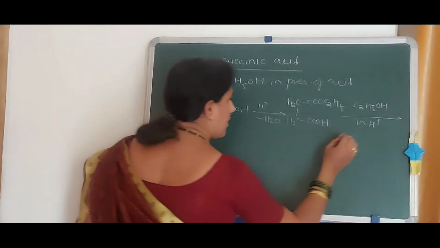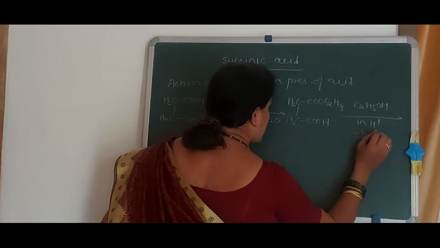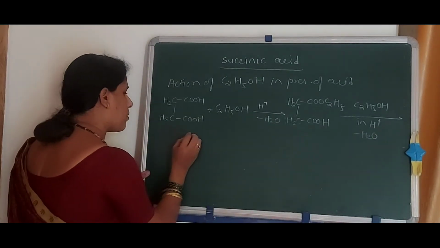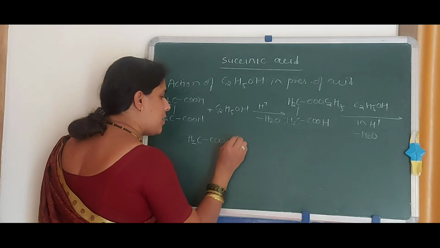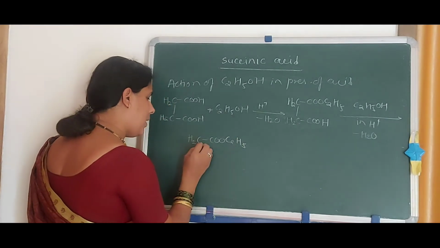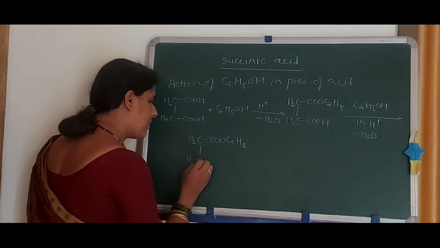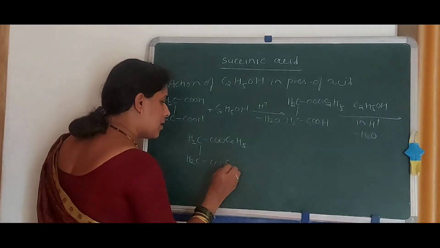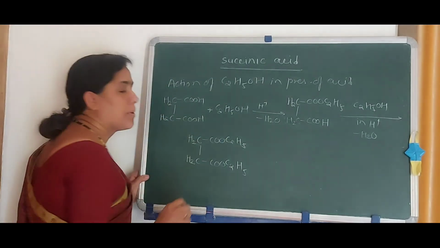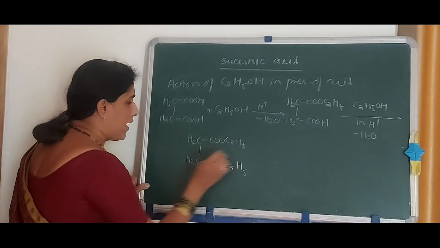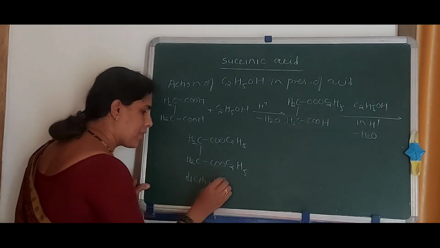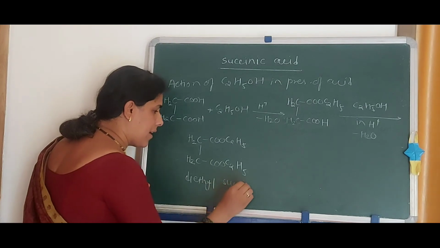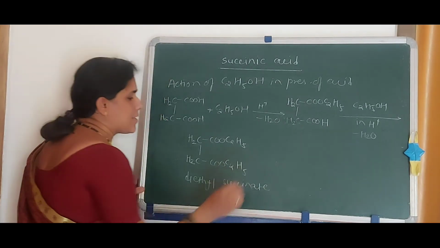Again removal of a water molecule and here formation of CH2COOC2H5, CH2COOC2H5. That is diethyl succinate.